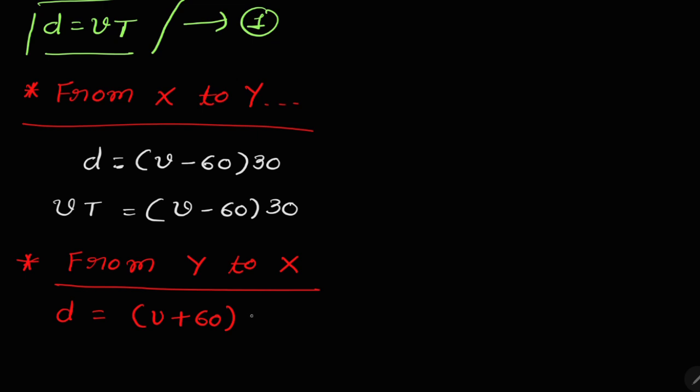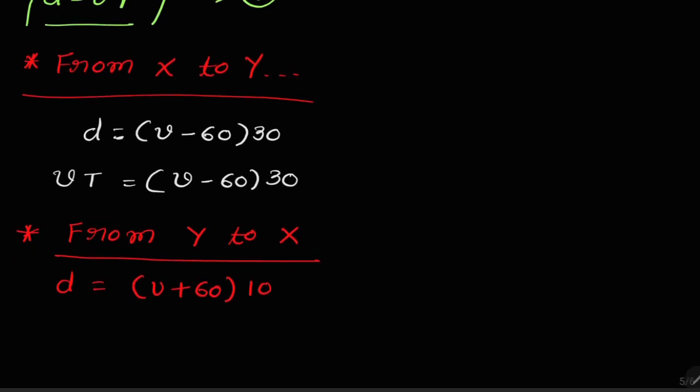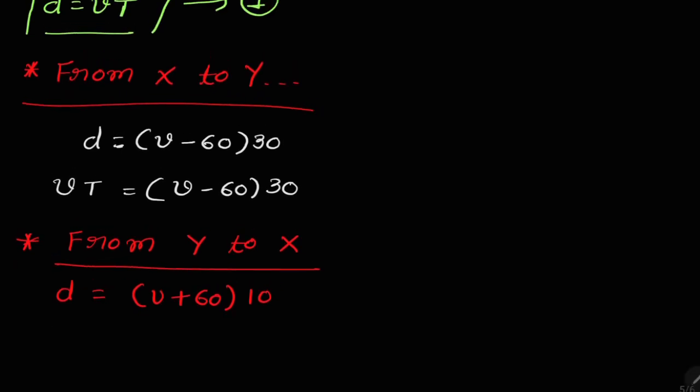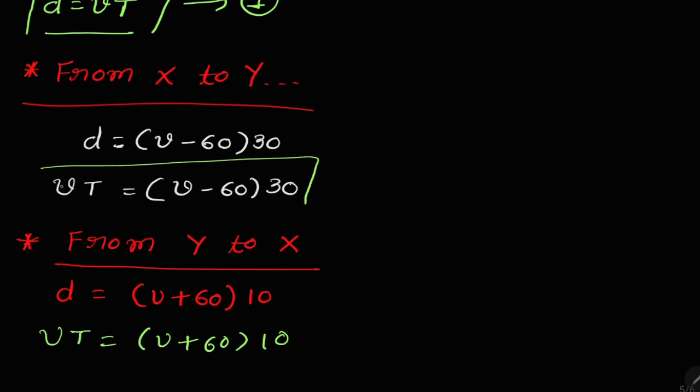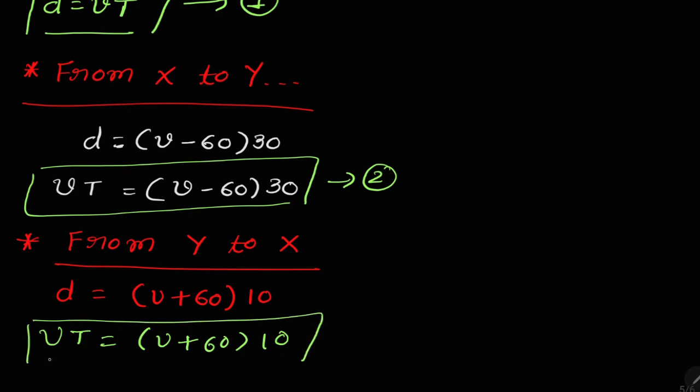And the time interval is 10 minutes, so I will write here 10. Distance is equal to velocity into time. Once again, as I put the data, d is equal to vt. So we will write vt is equal to (v plus 60) into 10. So let me give the equation numbers. This is equation number 2 and this is equation number 3.